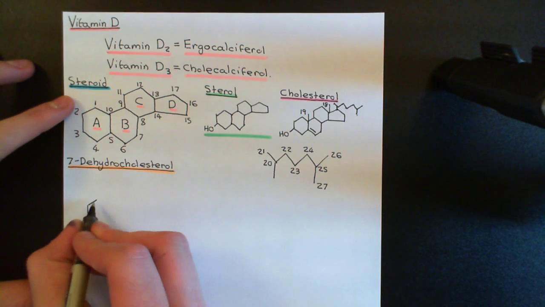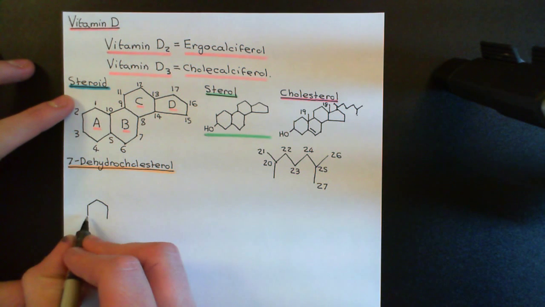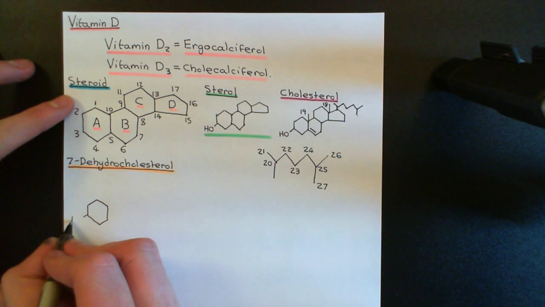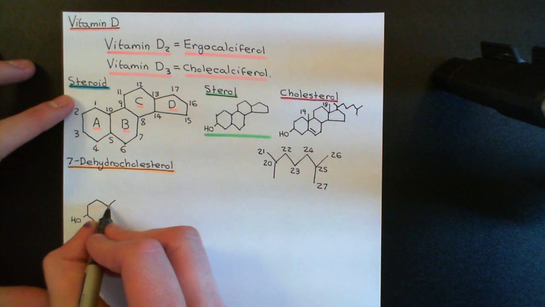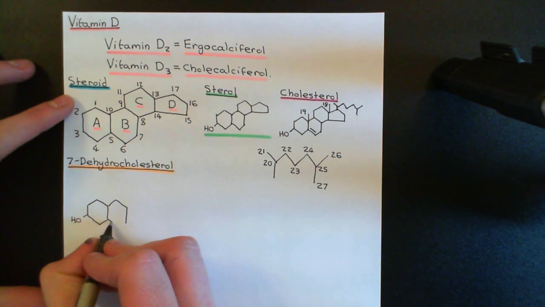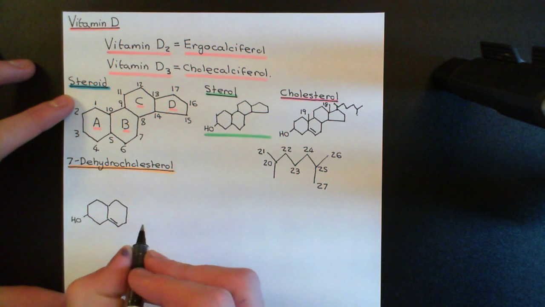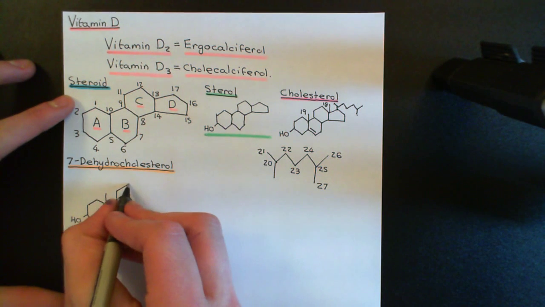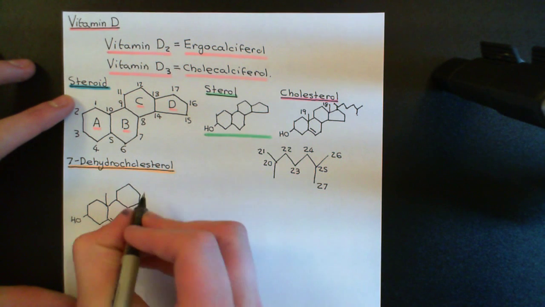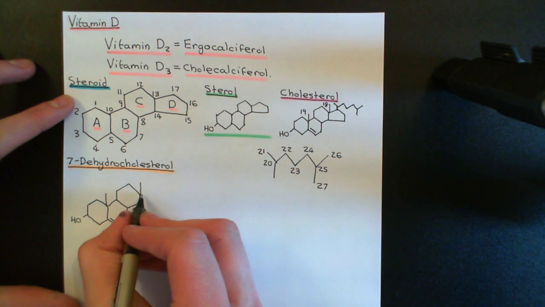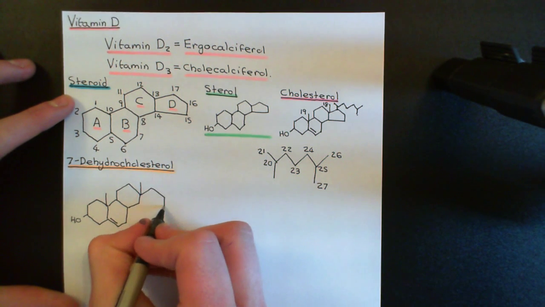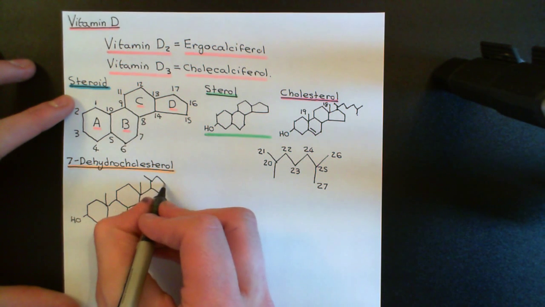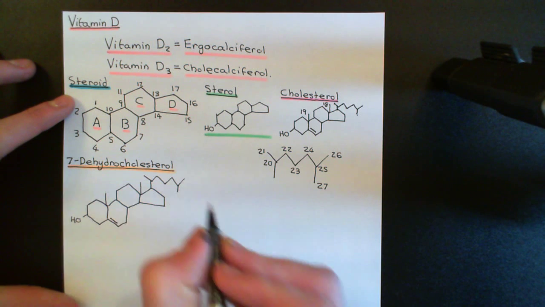So the structure of 7-dehydrocholesterol, let's firstly draw out the structure of cholesterol here, so test yourself, see if you can remember it. Here is ring A, here's the alcohol group of carbon number 3, then we've got ring B here, we need a double bond between carbon 5 and carbon 6, we need a methyl group on carbon 10, here is ring C, we need a methyl group on carbon number 13 there, and then here is ring D, and let's now put our side chain up here, this 8 carbon side chain, which is reasonably symmetric like so.